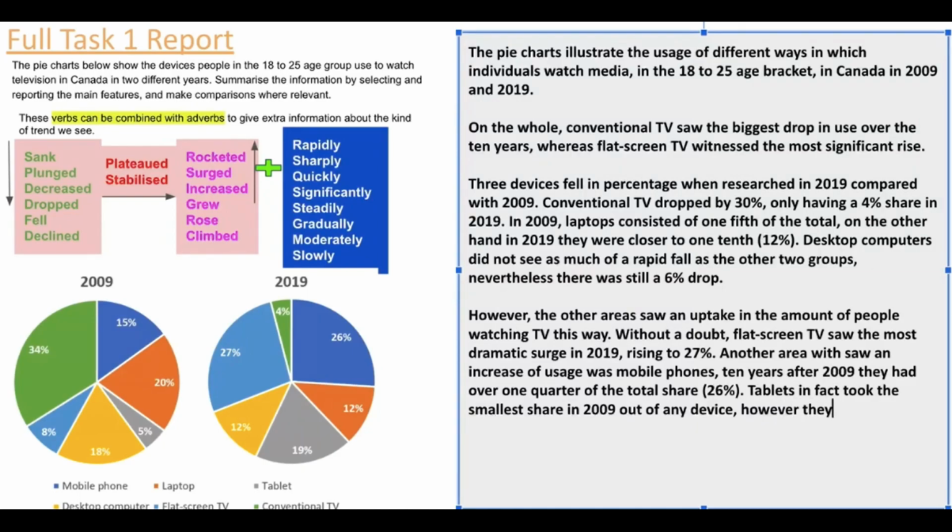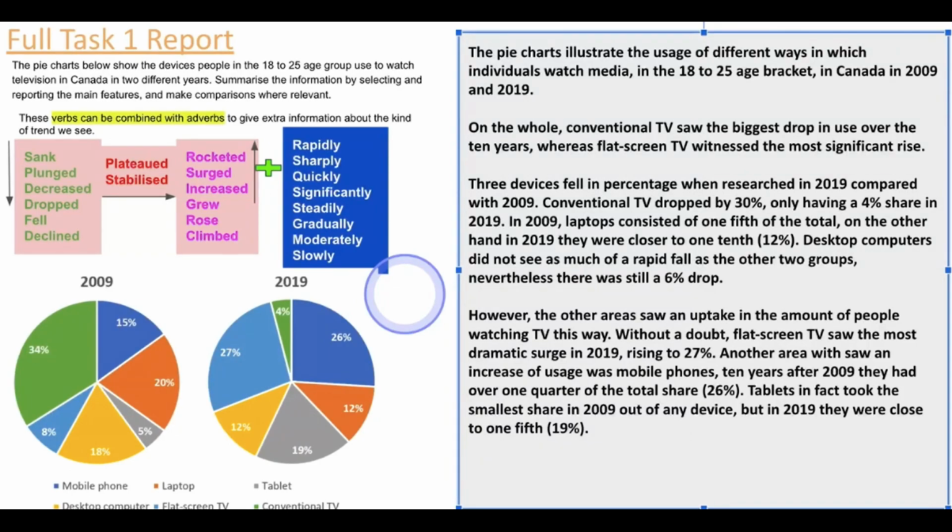However, we've used however. But in 2019, they were close to 1/5 again. 19%. Okay, let's read this back.